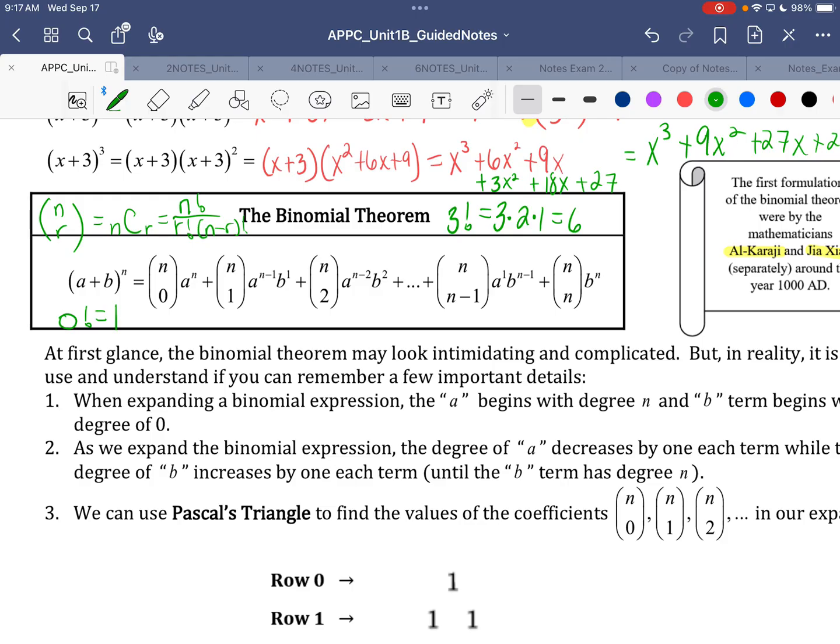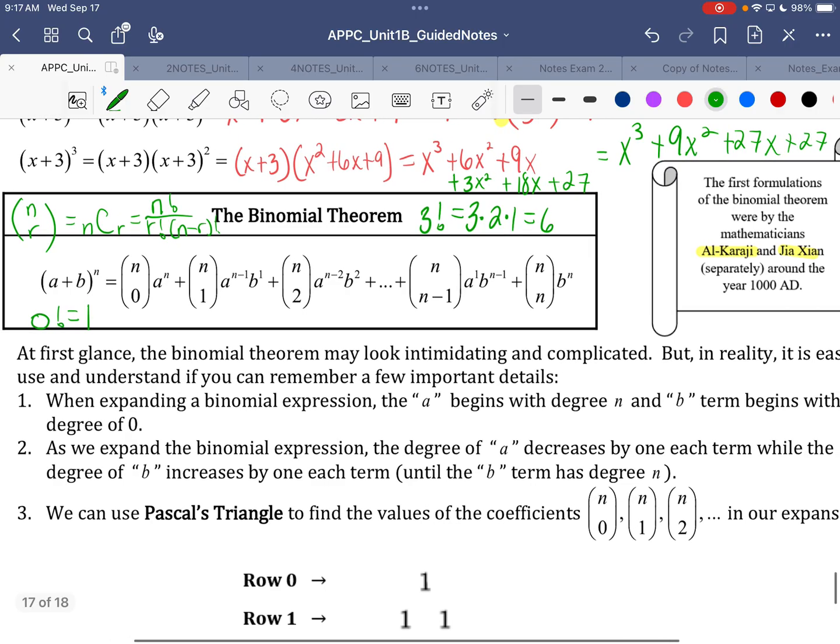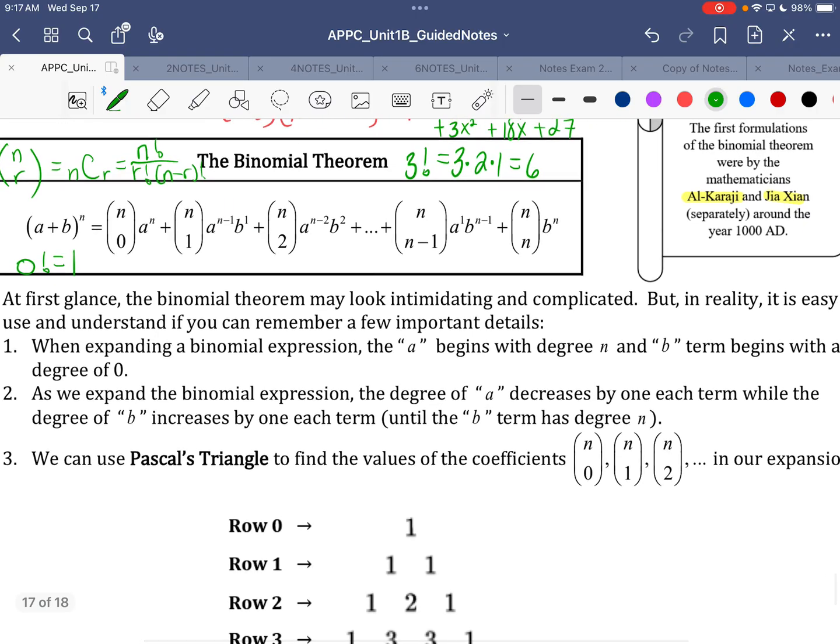So here is the formula, but really I think we could just use Pascal's triangle. At first glance, the binomial theorem looks really complicated, but it's actually super easy to do once you get the gist of what you need to do to expand it.